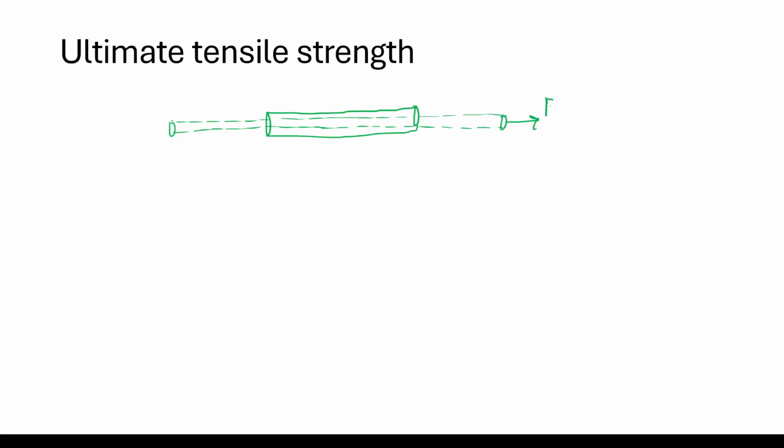If you are stretching a rubber, the force you have applied at the point where it breaks is called ultimate tensile strength. So tensile, you're trying to increase the length. The force per unit area that is responsible for breaking the wire is called ultimate tensile strength.